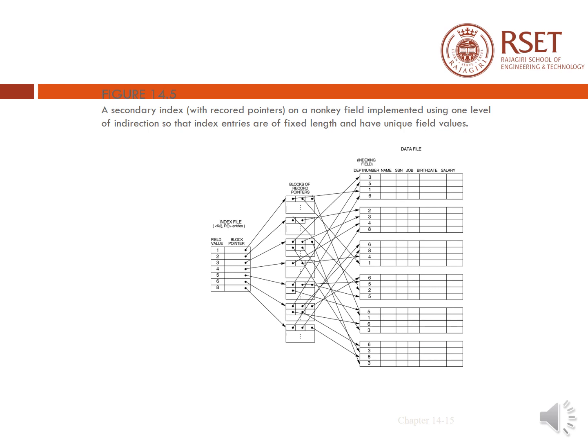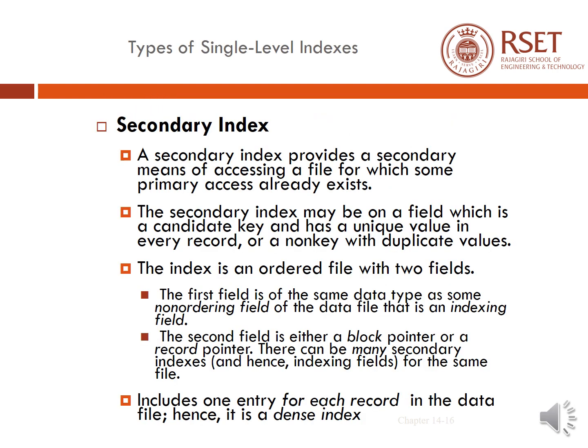Since this is a non-key attribute, the values will be repeating there. So this is a secondary index on a non-key field. That is what is created here, with unique field values. So for each one I have created like that. Secondary index has two types: with the key and with the non-key. It is an index in an ordered file with two fields.